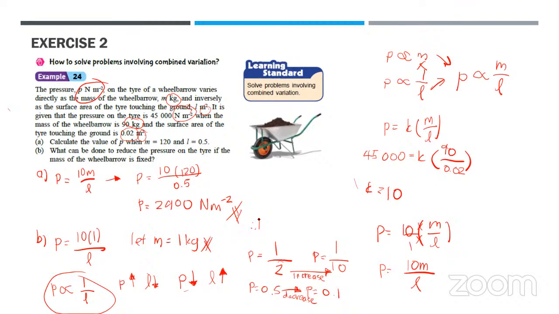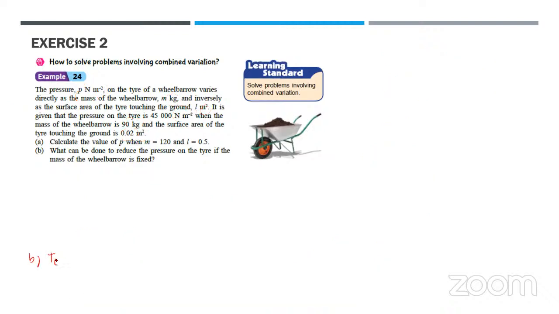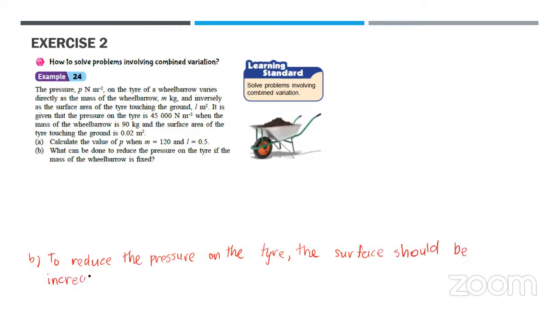Sorry, let me just clear the board a bit. Okay. So how you would answer this in exam would be: to reduce the pressure on the tire, the surface area should be increased, with the mass remaining constant.